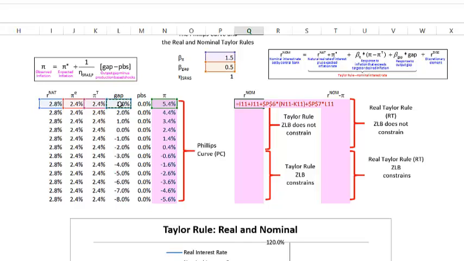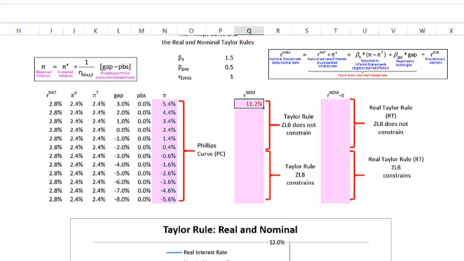Now the last element here is the discretionary element, but we're going to ignore discretionary elements in this example. So instead, we should have a Taylor rule interest rate of 11.2.